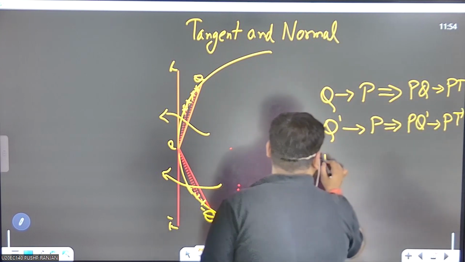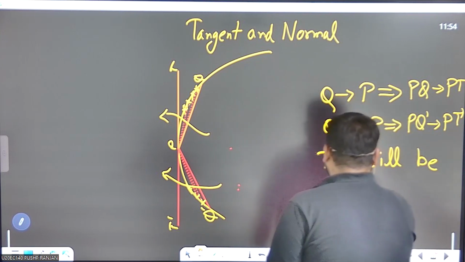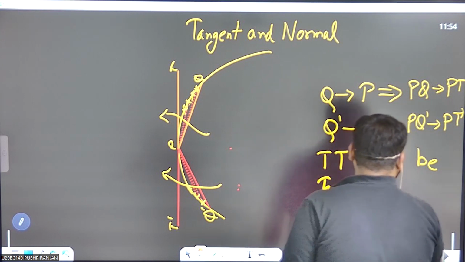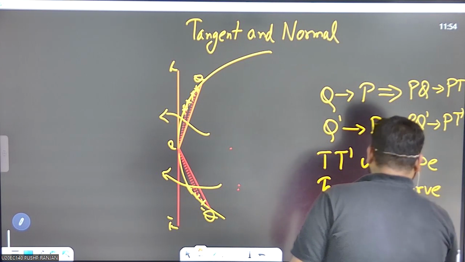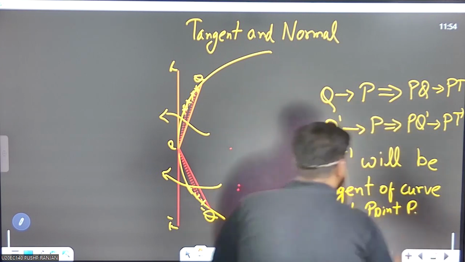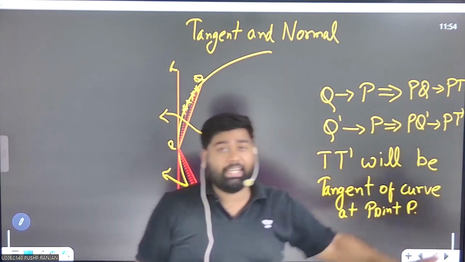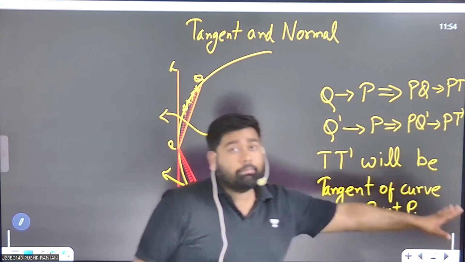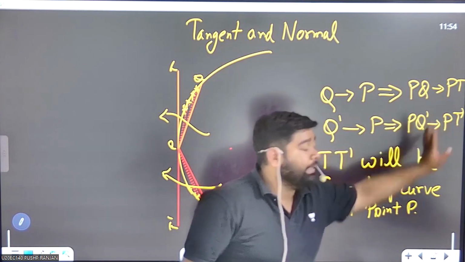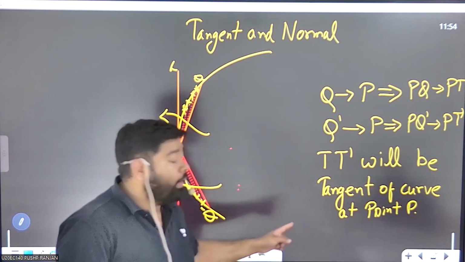So we can finally say that TT dash will be the tangent of the curve at point P. As Q tends to P, the PQ line tends to PT, and as Q dash tends to P, PQ dash tends to PT dash. So TT dash will be the tangent of the curve at a point P.